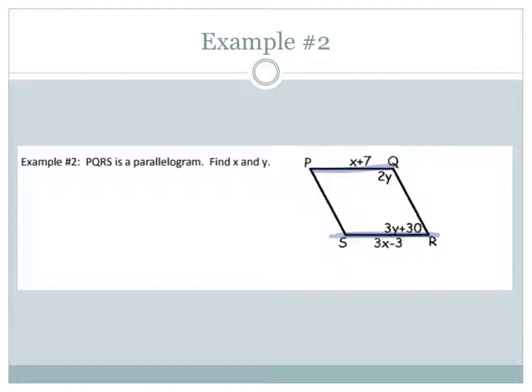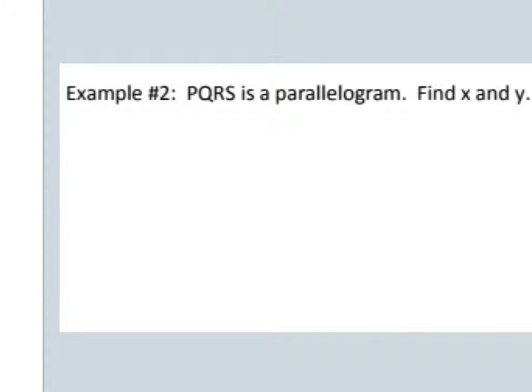Okay, so we have X plus 7, and I'm going to zoom in here. So we have X plus 7 and 3X minus 3.